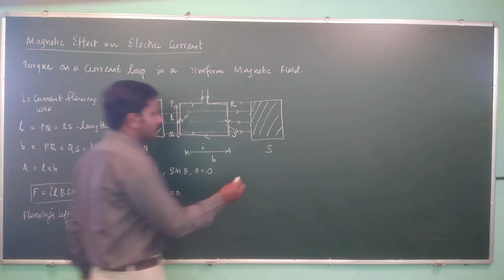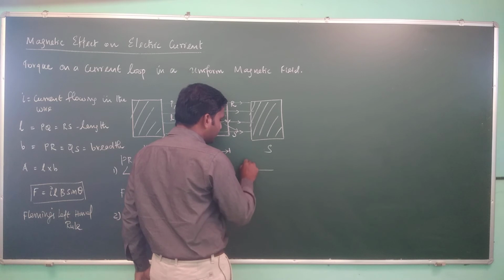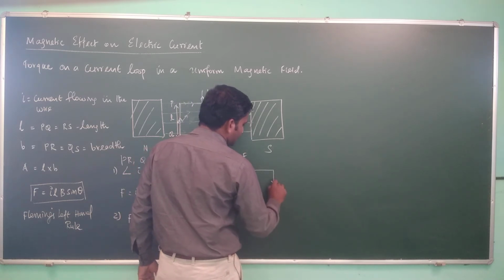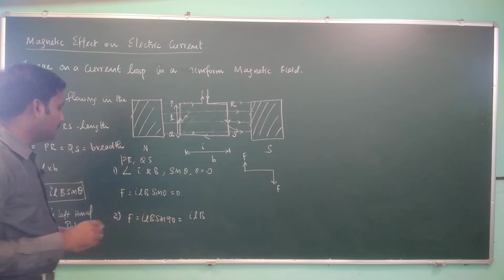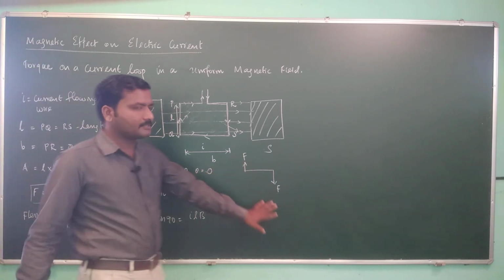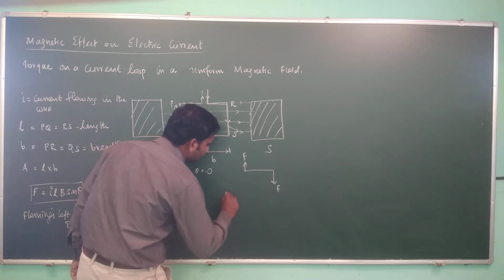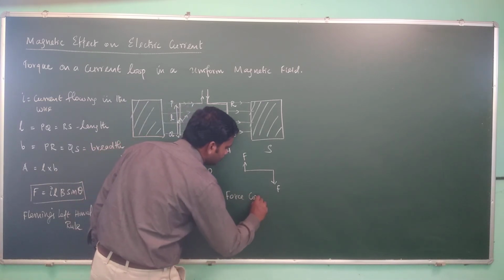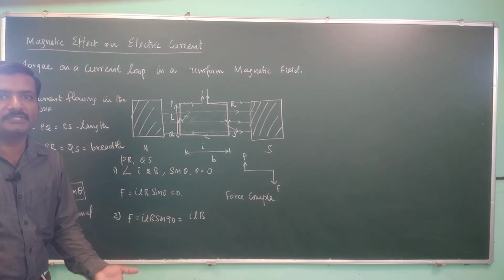In that case, if you consider two points, on one side the force is going in one direction, on the other side it is going in the opposite direction, but the magnitude in both cases is equal, right? In that case it creates a force couple, a pair of forces acting in opposite directions with equal magnitude.